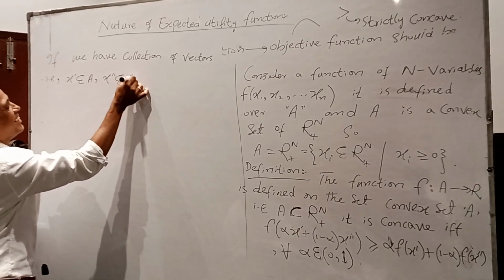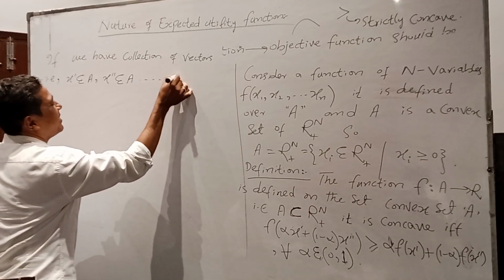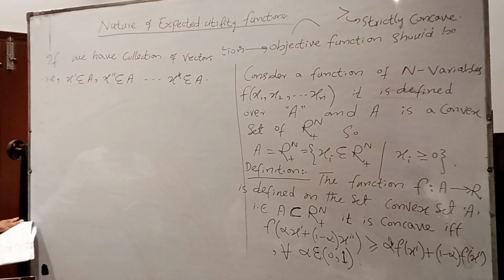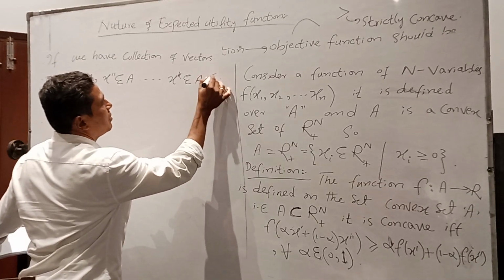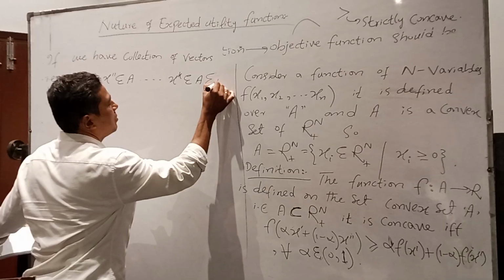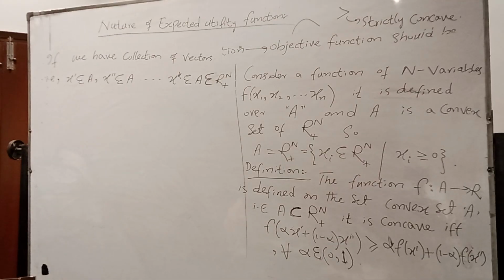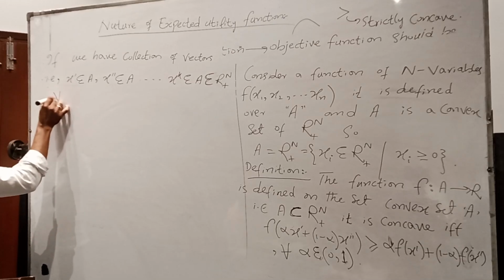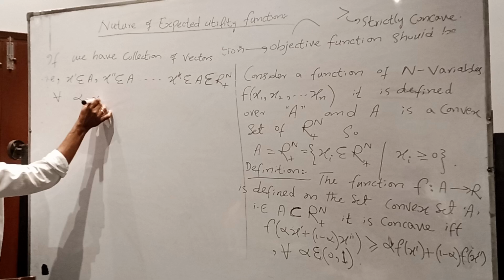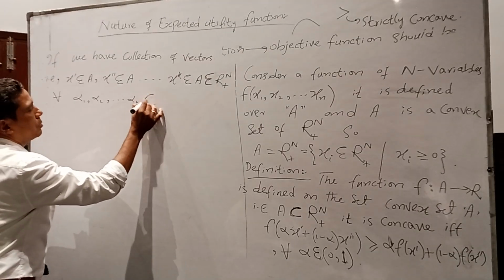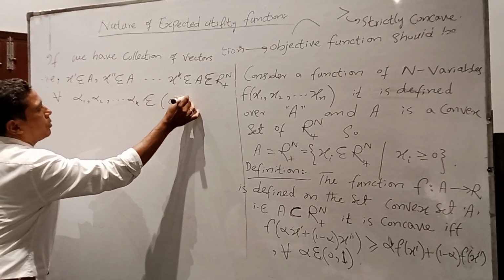x2 vector this one and xk, okay, and this is actually the part of A, and similarly all values of alpha 1, alpha 2, alpha k belong to 0 and 1.